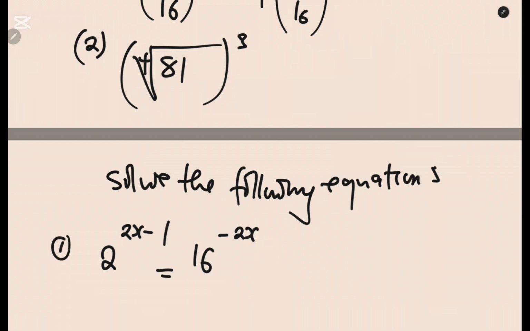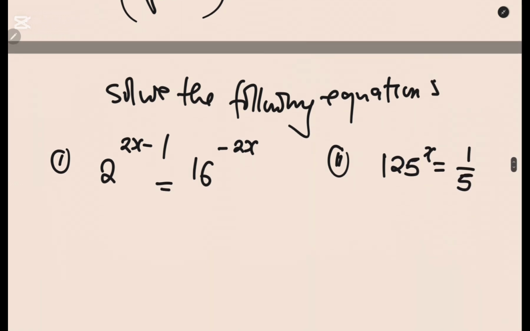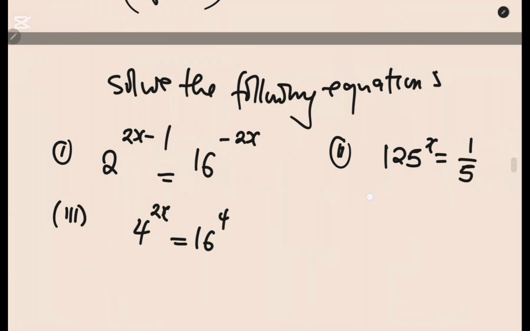That is for A or 1. 2. Let us say 125 to the power x is equal to 1 over 5. Then of course the number 3, we have 4 to the power x equal to 16 to the power 4.